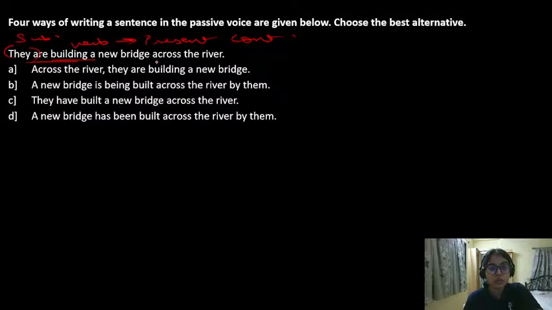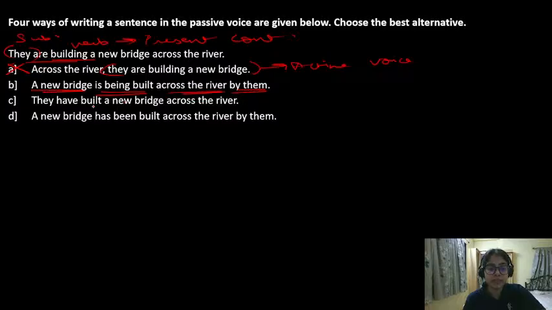So a new bridge is being built by them. I think that should be the right answer. See, a new bridge is being built across the river by them, right? Simply, without even looking at the options, you can convert. Across the river, they are building a new bridge, still written in active voice. So you can eliminate this.